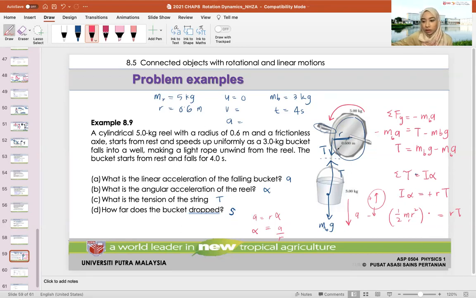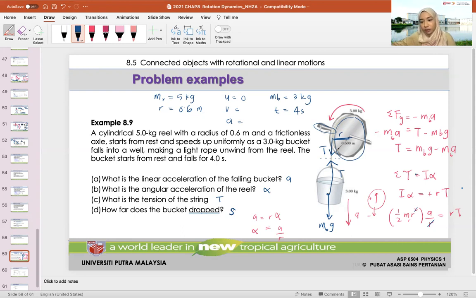A over R equals R tension. So now let's do our favorite part, which is cancelling out stuff. 1 over 2 MR squared, times A over R, equals RT.